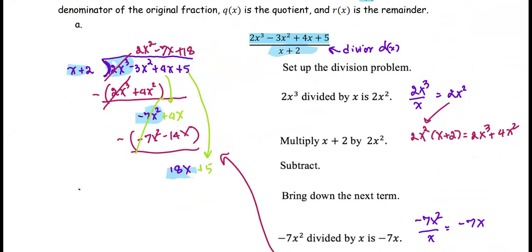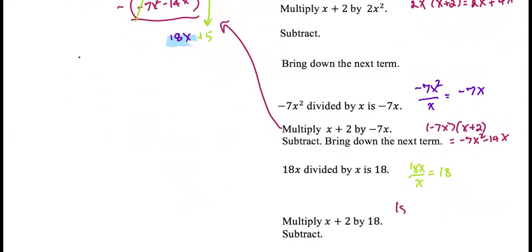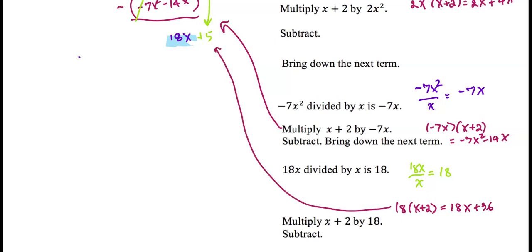And then multiply 18 by x plus 2, the divisor, which gives us 18x plus 36. Bring it over here, 18x plus 36, and subtract it from the dividend. 18x cancels. 5 minus 36 becomes negative 31.